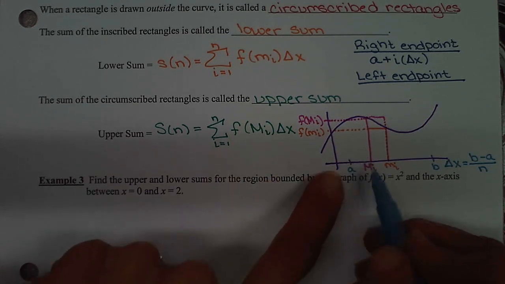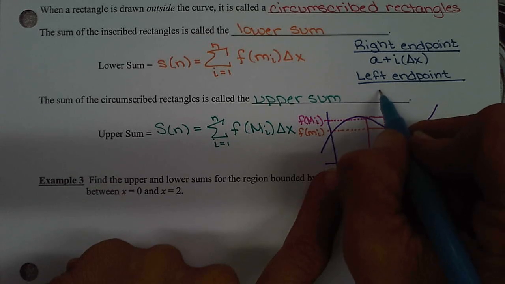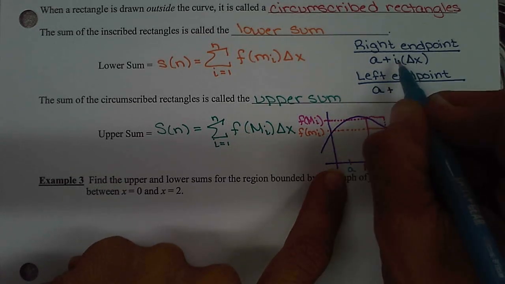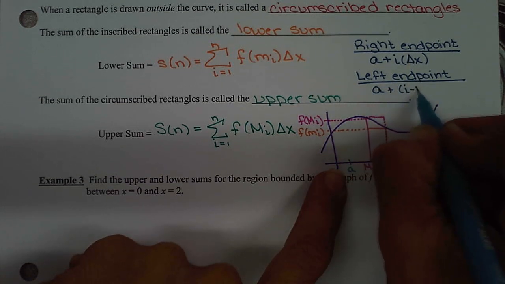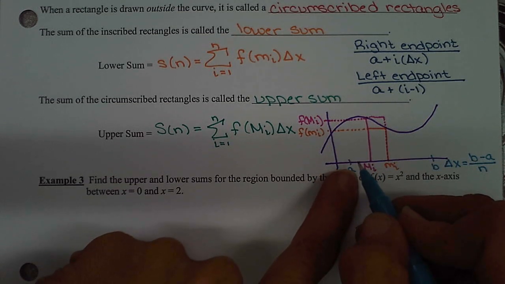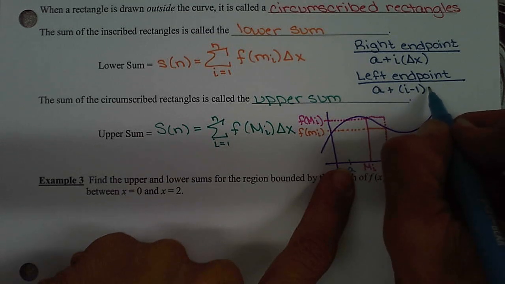So we're going to see that incorporated here. Again, we need to start with whatever that first value of x is. Then instead of just an i, we're going to do the i minus 1 to get us back to the left side instead of the right side of the rectangle. And then again, it's going to be times my delta x.